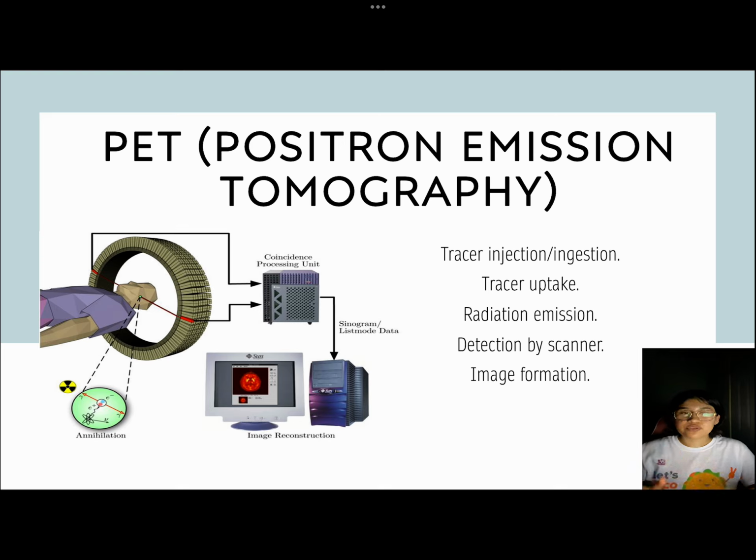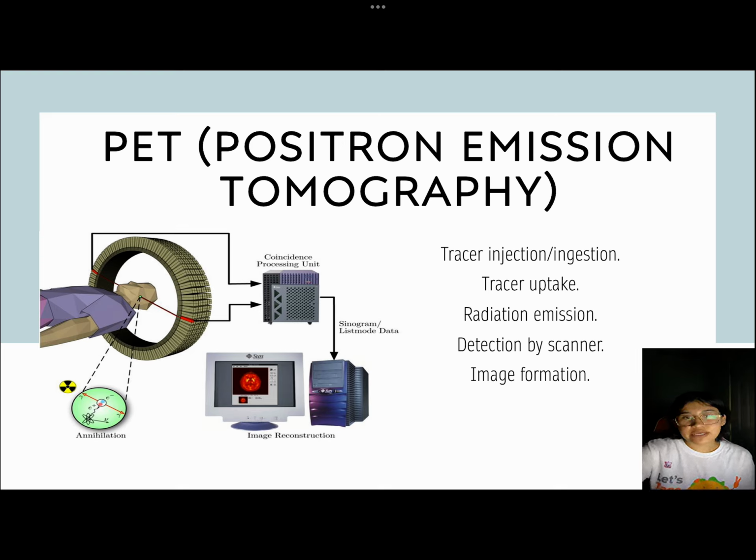This produces high energy photons, or gamma rays, and they travel in opposite directions, which are detected for the scans. The PET scanner has a ring detector around the patient. I put a picture there where the ring is, with the patient in the middle, and these detectors detect the two photons simultaneously, which allows the scanner to pinpoint the location of the annihilation event.